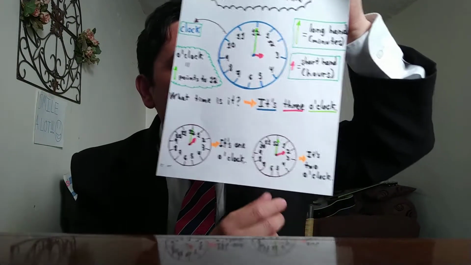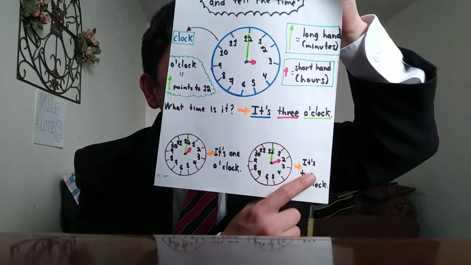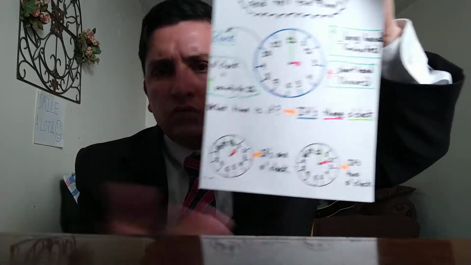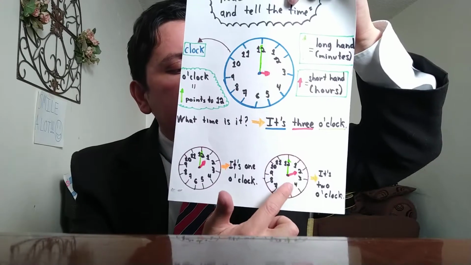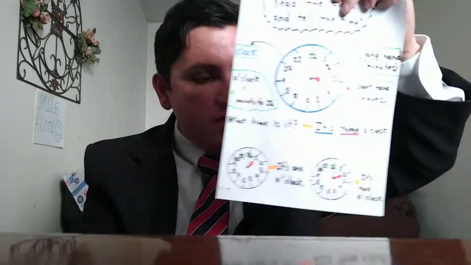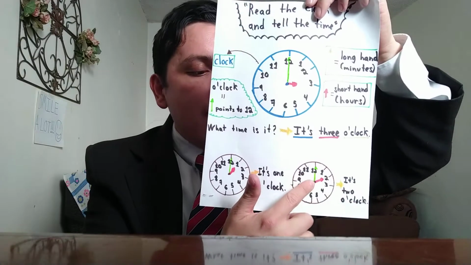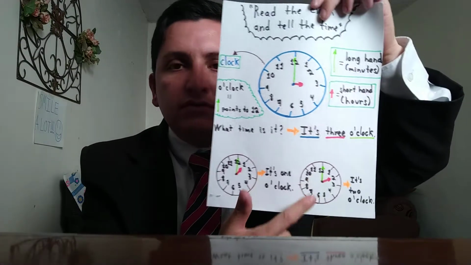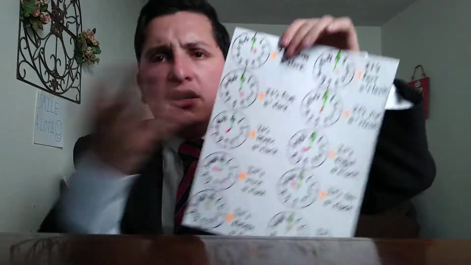Check the next one. It's 2 o'clock. Why? Because the short hand, in color red, points to number 2, and also the long hand in color green points to 12. Isn't it clear yet? Well, let's see the others.